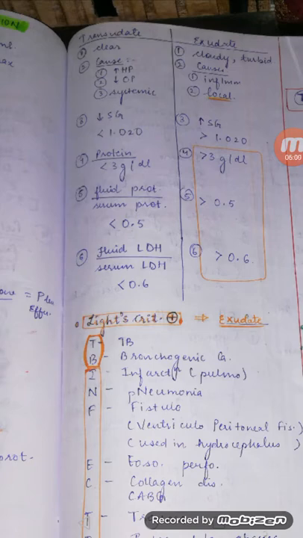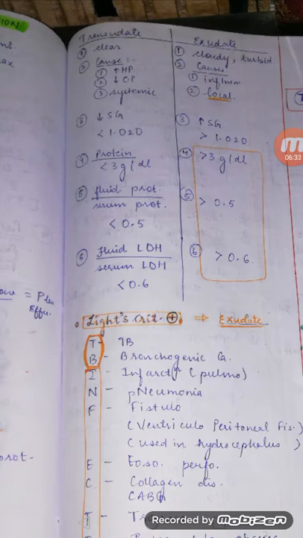The last three things have so many numerical values: protein more than 3 grams per deciliter, protein in the fluid divided by protein in the serum more than 0.5, and fluid LDH divided by serum LDH more than 0.6. If these three criteria are fulfilled, Light's criteria are positive, and that always indicates that the fluid collected is an exudate.